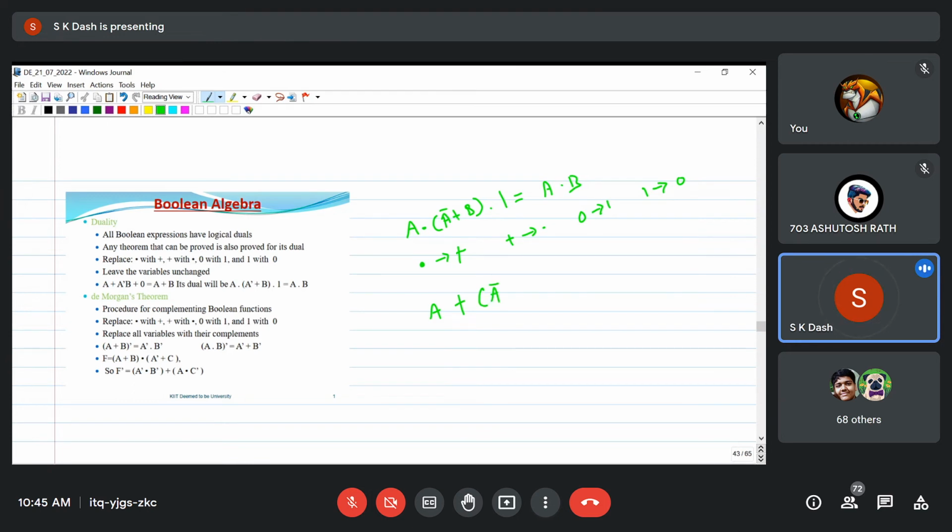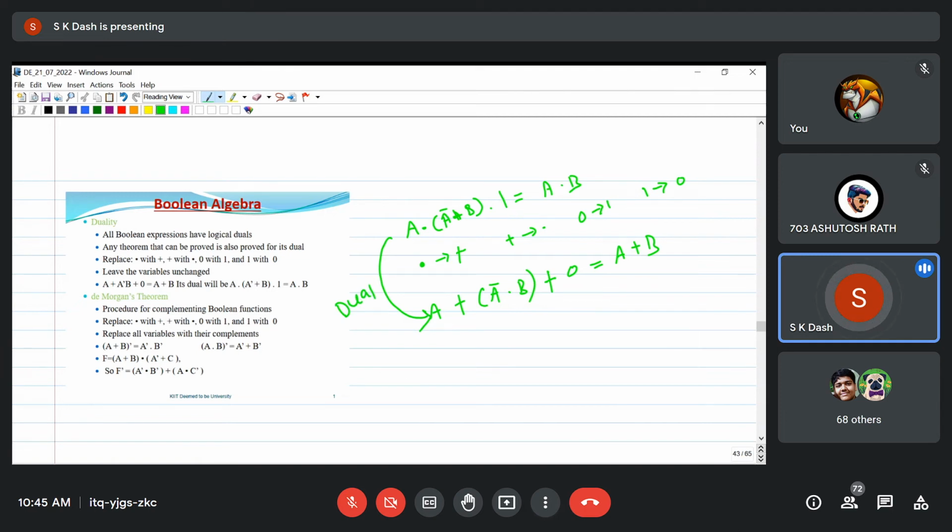A bar, this plus will be changed to dot, then dot 1, so dot will be changed to plus, 1 will be changed to 0, this will be equal to A dot B, dot will be changed to plus. So this function is the dual of this.